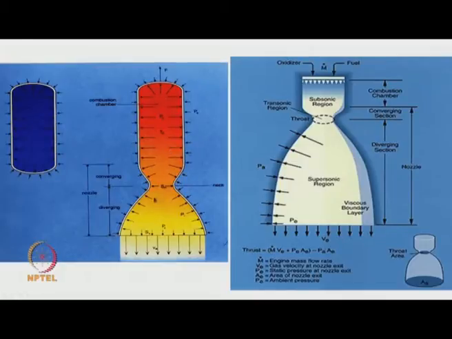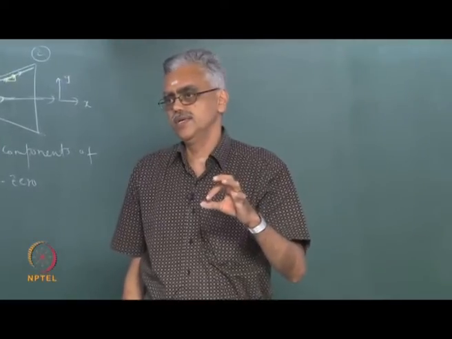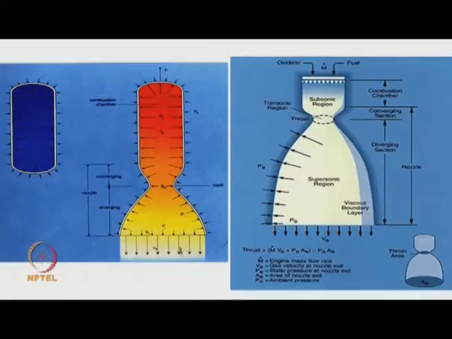So, the flow accelerates as it goes through the nozzle. And if you look at the x component of velocity and compare that with the y component of velocity, either here or over here, as the flow accelerates, wherever the y component of velocity is large, the x component of velocity is even larger.